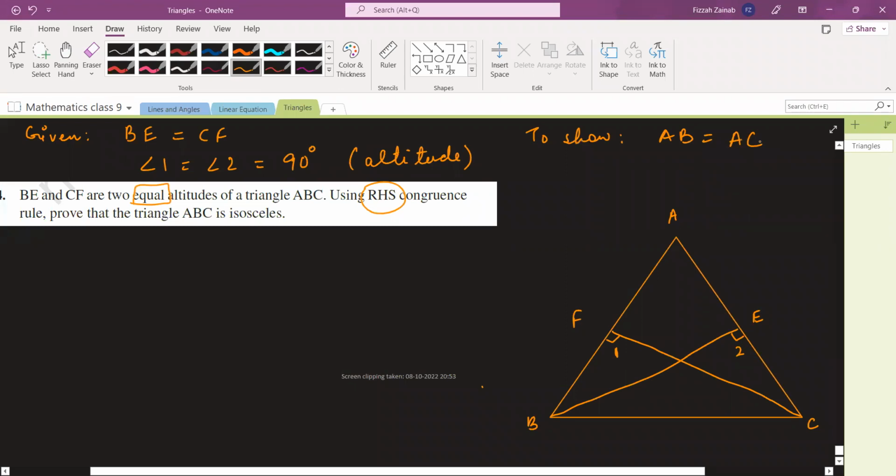All right. Now how to do this question? See, it's already given. You have to use RHS. That means you have to take a triangle where one angle is 90 degrees, right? So can I take this triangle BFC? See in the question, BFC.